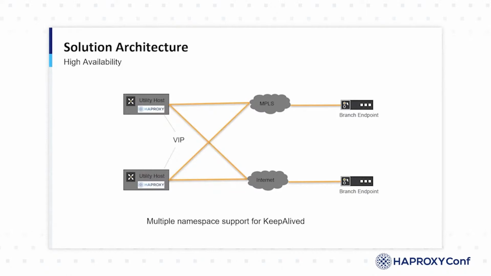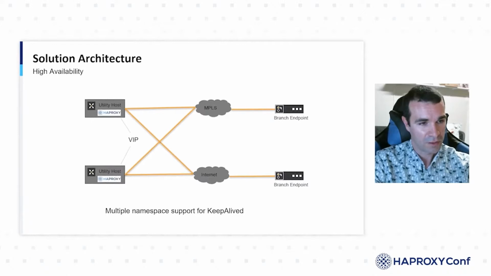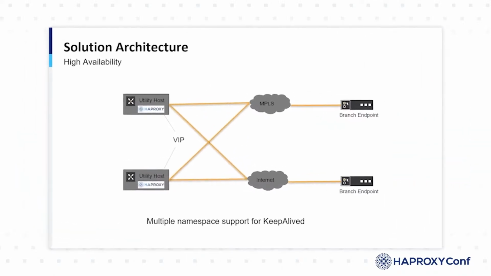And the HAProxy Enterprise Edition ships with a modified version of Keepalived. This is what we're using to make this happen. So we're configuring a Keepalived server to sit in every different namespace and have a VIP in each namespace, or each external network. So then the branch endpoint can have this communication established as we see here.